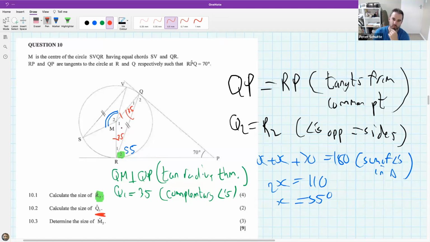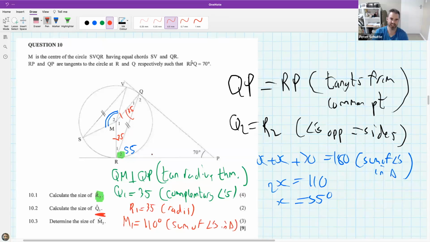Now, we know R1 is 35, and the reason is radii. So we know that's 35 and that's 35. Then we know that M1 is 110, and that is going to be the sum of angles in a triangle.